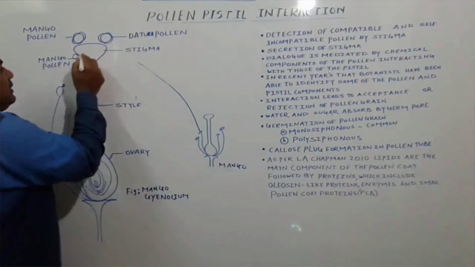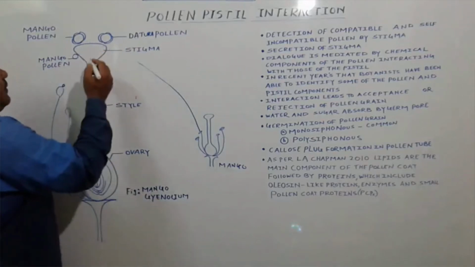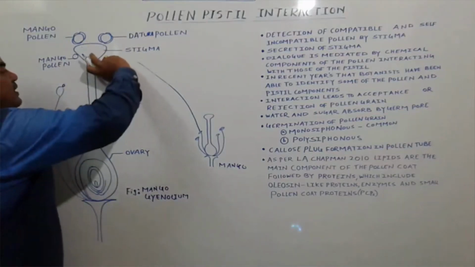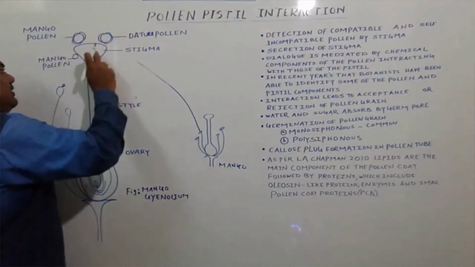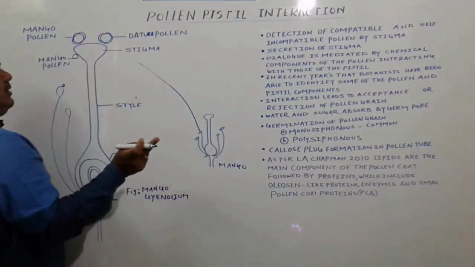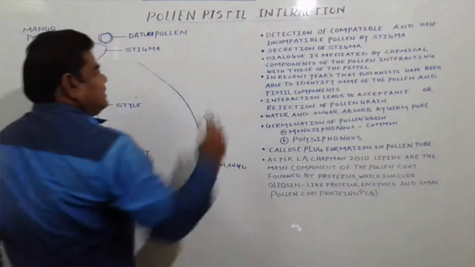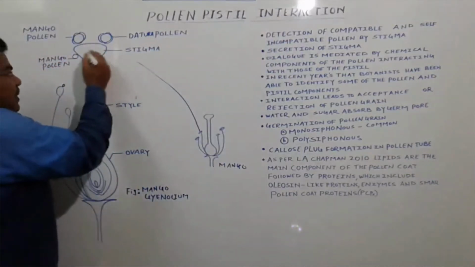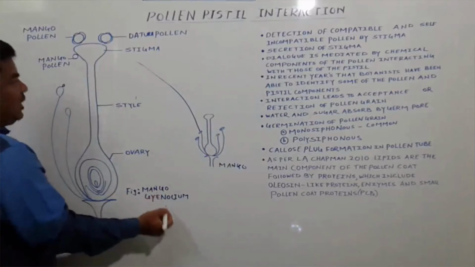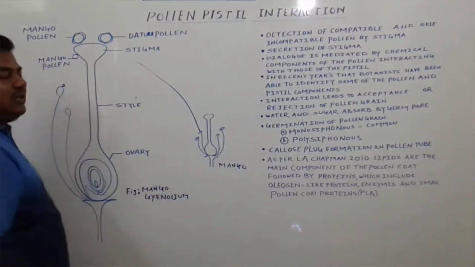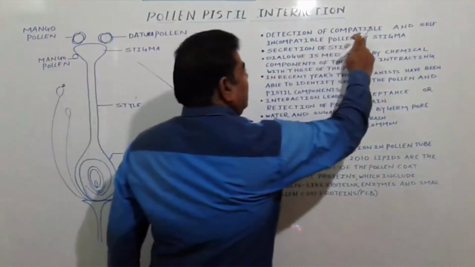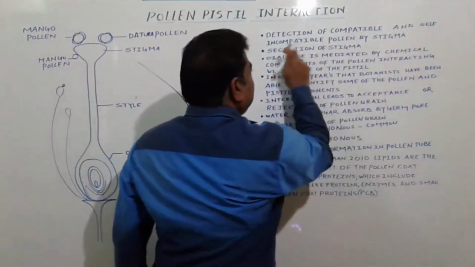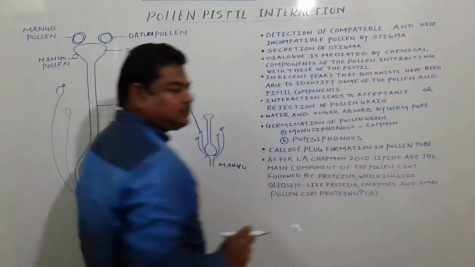Now there is an interaction between this stigma and these pollen grains, stigma and such a pollen grain, pollen-pistil interaction. The stigma of this mango gynoecium has a capacity to detect compatible and self-incompatible pollen.